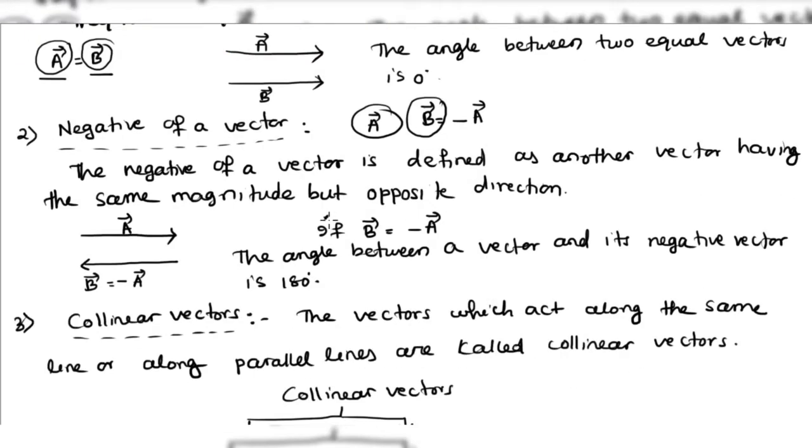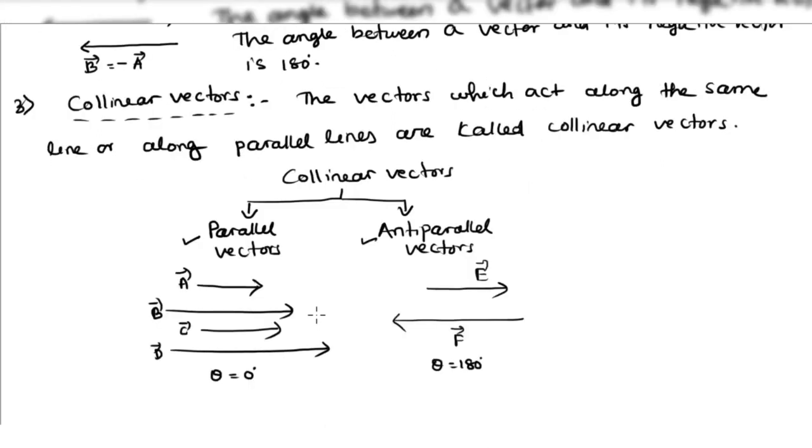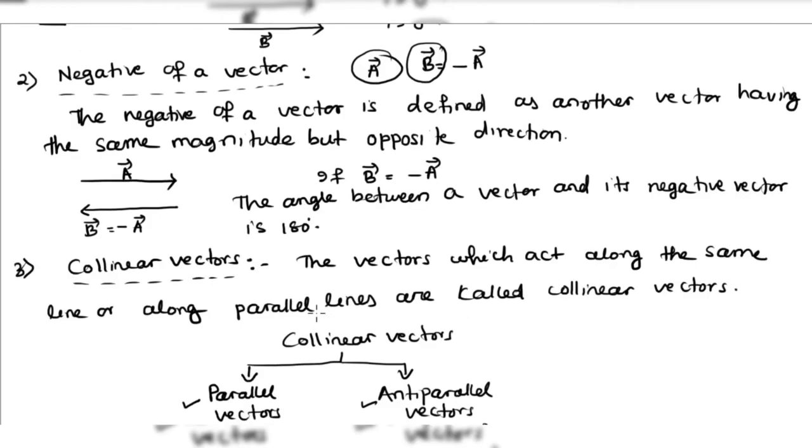But look at the third case. When we are talking about parallel vectors, two vectors can become parallel if they satisfy only one condition. That is, they must be directed along the same direction. Similarly, if we compare anti-parallel vectors with the negative of a vector, a vector is said to be the negative of another vector if they have same magnitude but opposite direction.